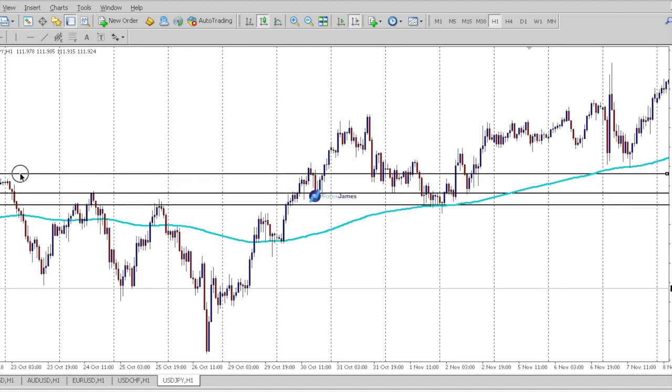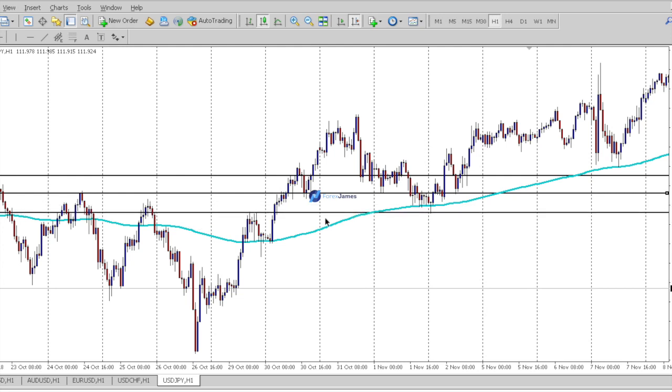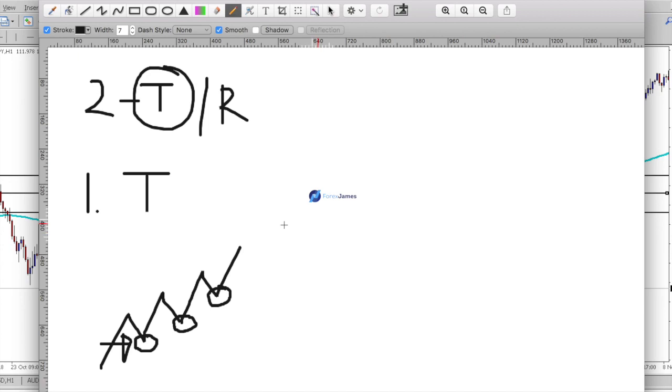Okay, but as you can see, these are all levels of resistance that I've drawn. Okay, so it's our job to actually gauge where the market will most likely turn to the upside again. Okay, so this is what I've shown you. It's an example of a trend pullback trade.